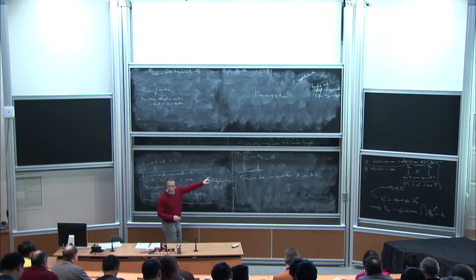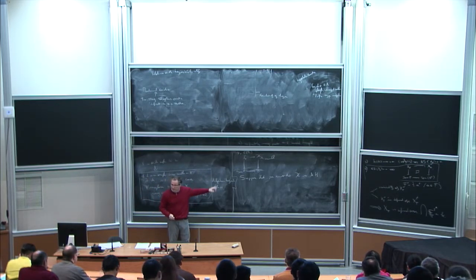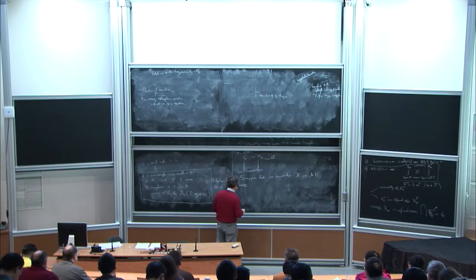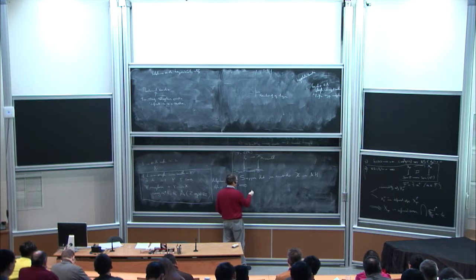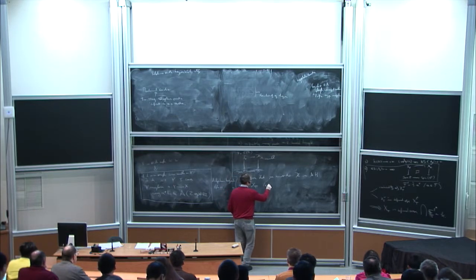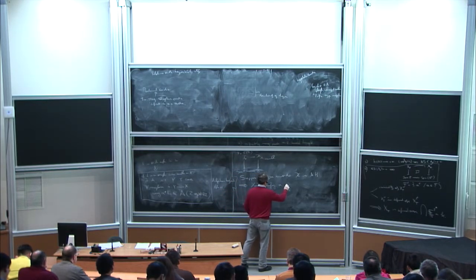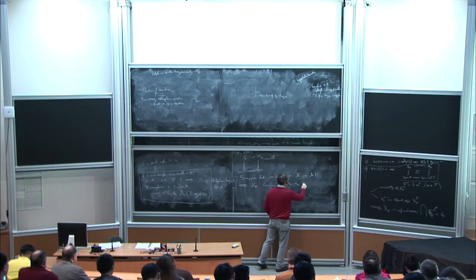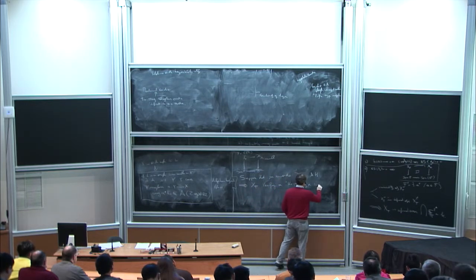The model, not the generic fiber, the model. Then you simply apply this inequality and you find that X_F verifies, let me call it, the Vojta type inequality.